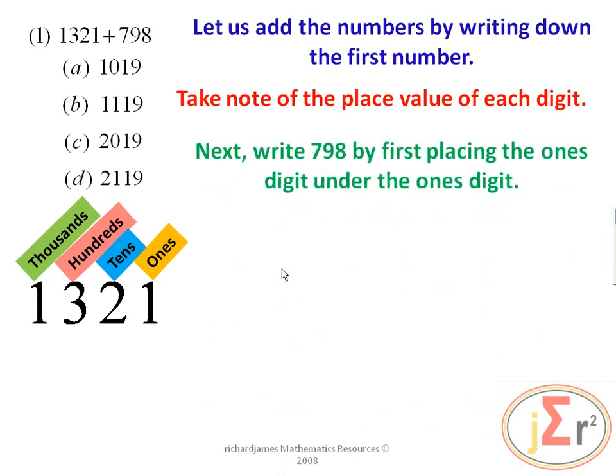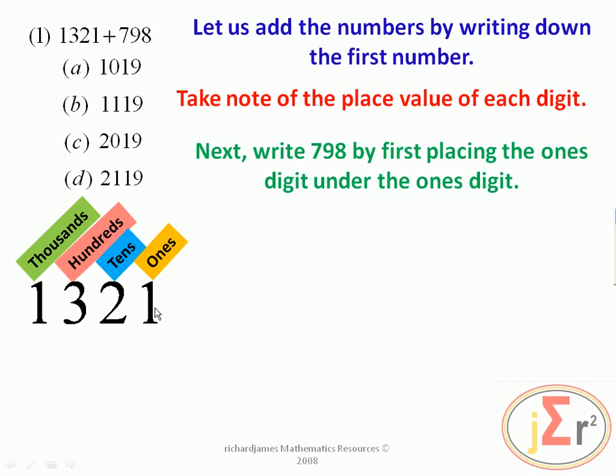Next, write 798 by first placing the ones digit under the ones digit. The ones digit that we have right here is the 1. The ones digit of 798 is this 8 that we have right here.